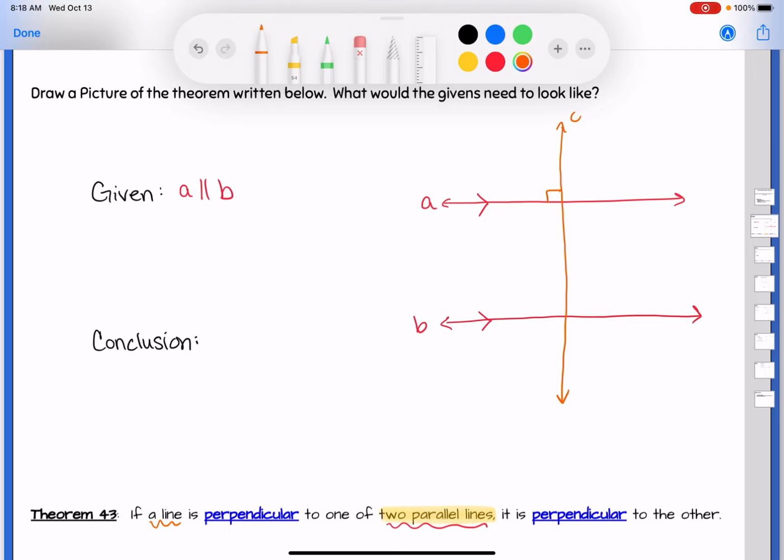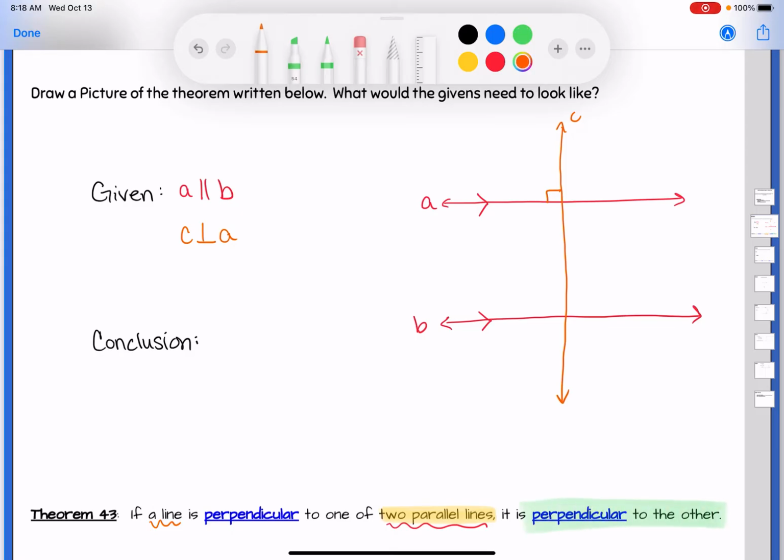So line C is perpendicular to line A. So if I have two lines that are parallel and a third line coming through that's perpendicular to one of them, then this theorem is saying that it's also perpendicular to the other.